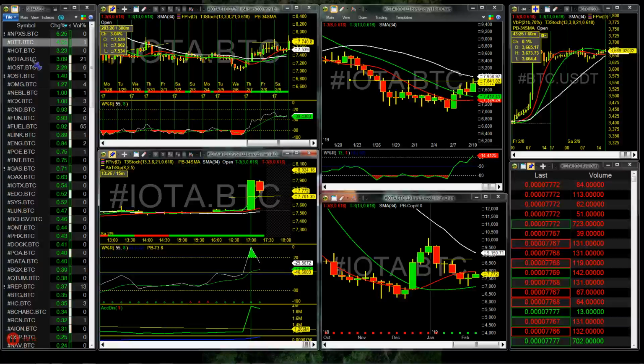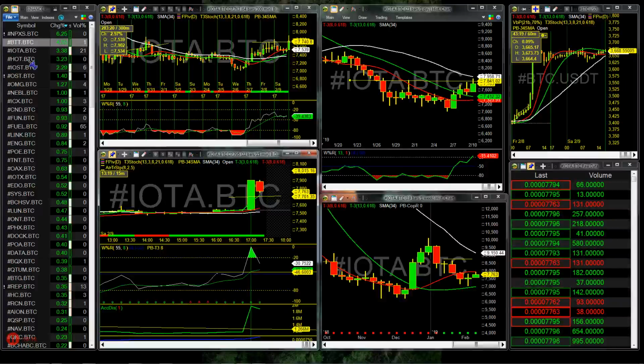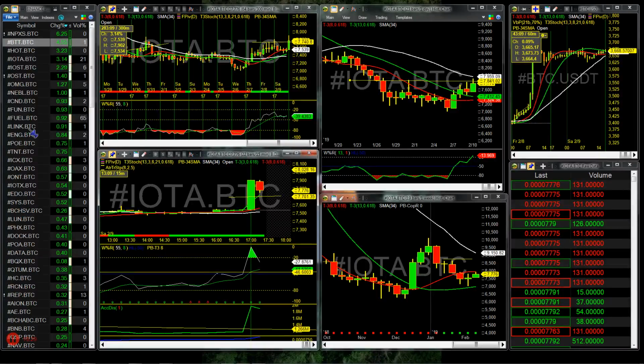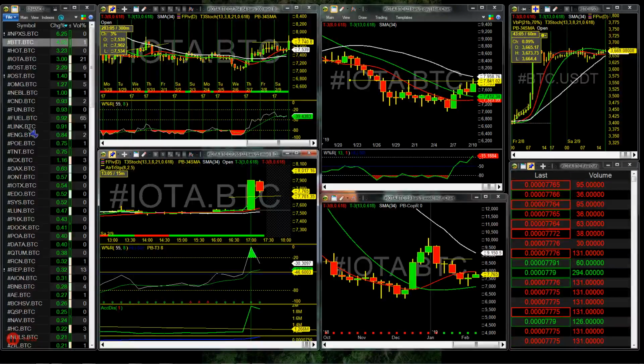I got nothing else going on here. IOTA. 21% of the average volume so far. That's a good pop. I'd use a scaling technique.